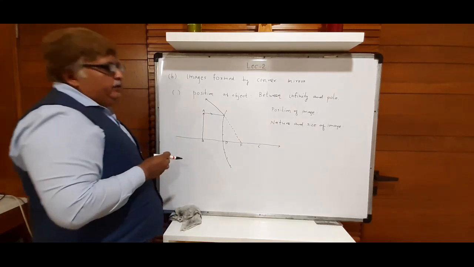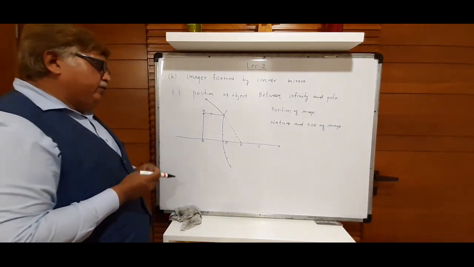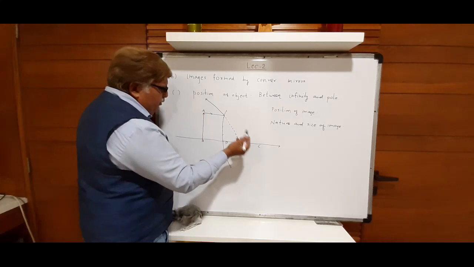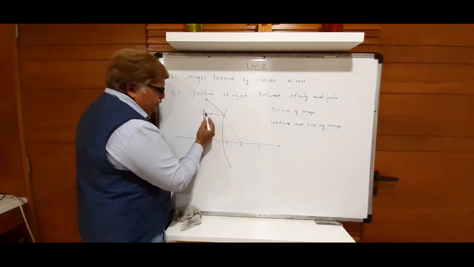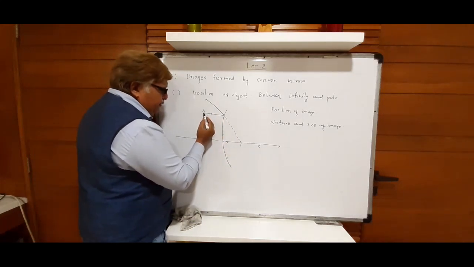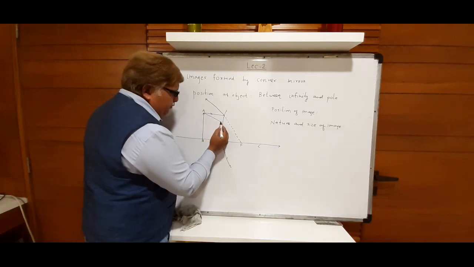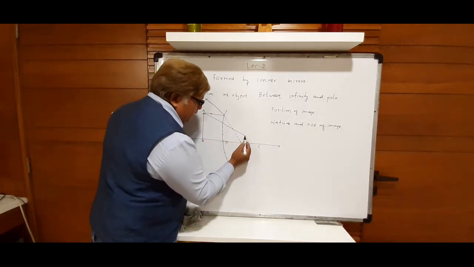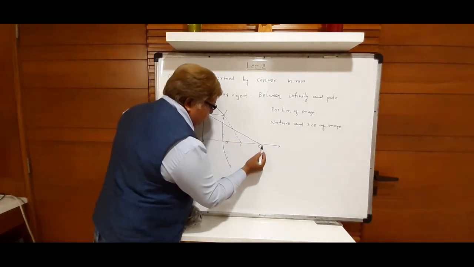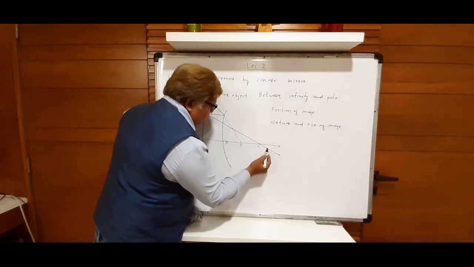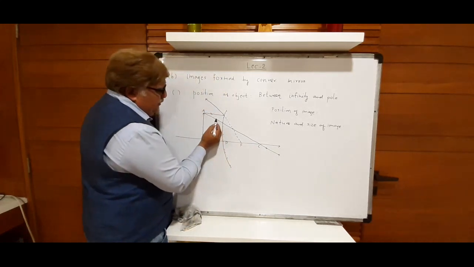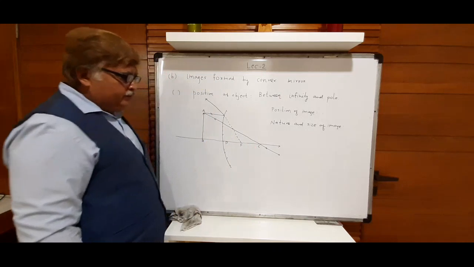And the second ray, which you can utilize here, in my opinion becomes quite simple. The ray passing through center of curvature will reflect in the same direction, that you all know.